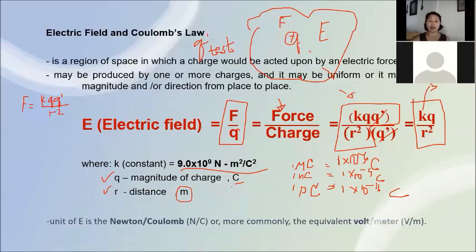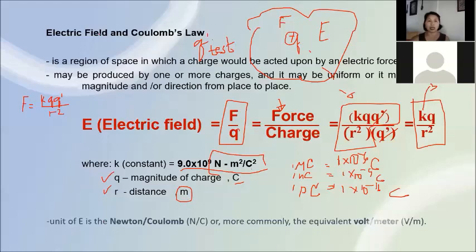Bakit naman kailangan, ma'am? Okay. Kasi yung unit ng constant expressed in newtons, meter, and coulomb. Para madali lang yung cancel. Or, if you want, ito ang i-change ninyo, mas mahirapan kayo, no? So, do not alter the unit ng constant. Dito tayo sa given mag-convert.